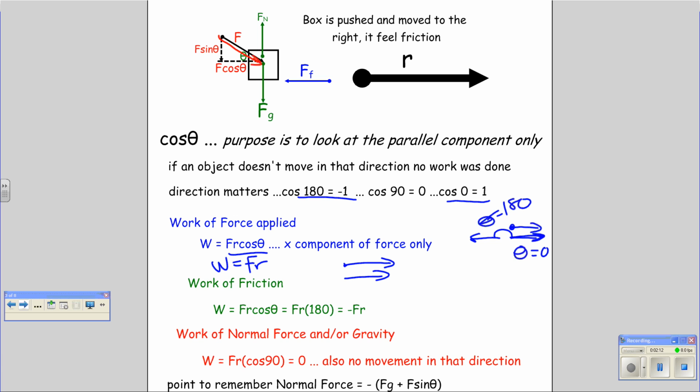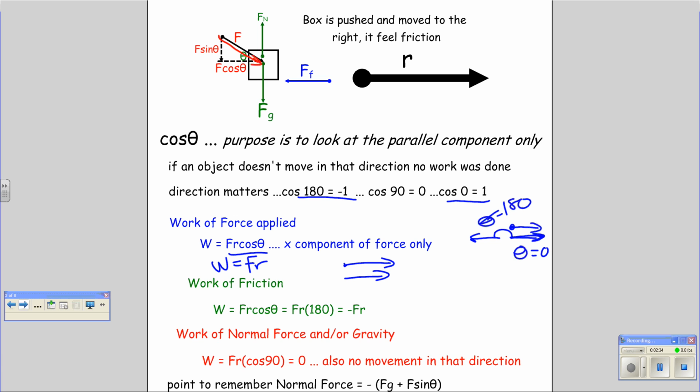But friction also does work on the box or object. Friction acts in the exact opposite direction, at 180 degrees, so that would equal negative Fr. Same kind of idea with normal versus gravity. Gravity's in one direction, normal's the other.